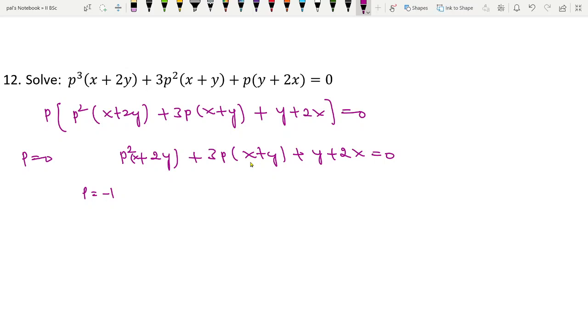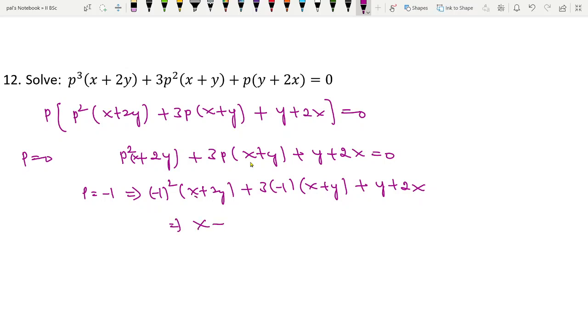When you are inspecting the root, usually we start from 1 or minus 1. So here I am starting with minus 1 because all are positive terms here, so there is no need to give plus 1. Okay, so now it is minus 1 square into x plus 2y plus 3 into minus 1 into x plus y plus y plus 2x, which implies it is x plus 2y and this is minus 3x minus 3y plus y plus 2x.